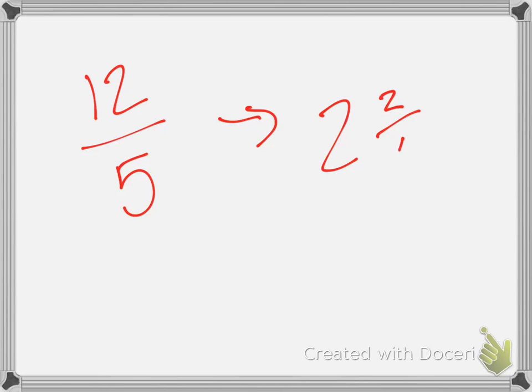How do we get from an improper fraction to a mixed number? Let's think. Lucy, what do we do? Well, you see how we have the denominator go into the numerator and then put the extra numbers into the numerator. Exactly.